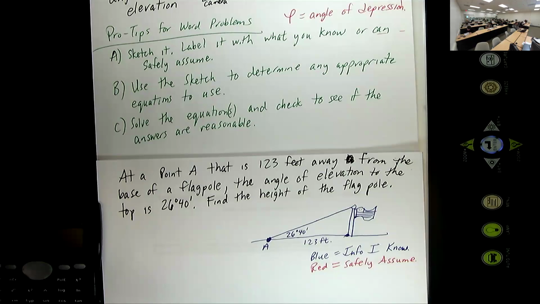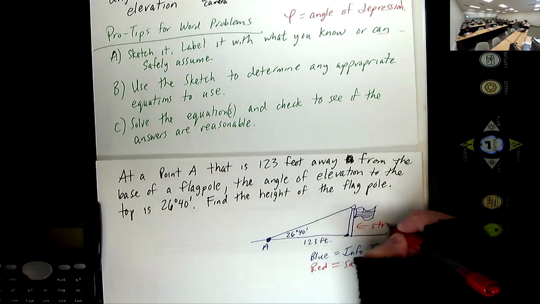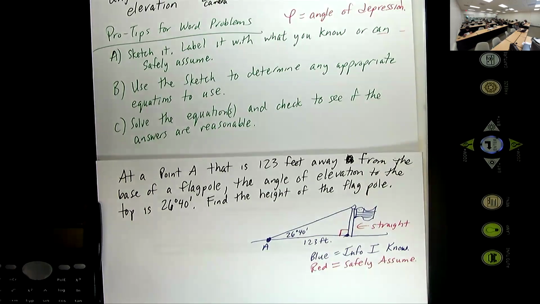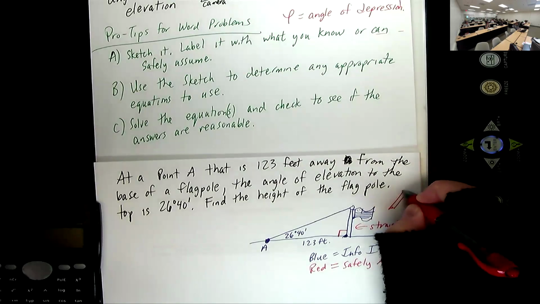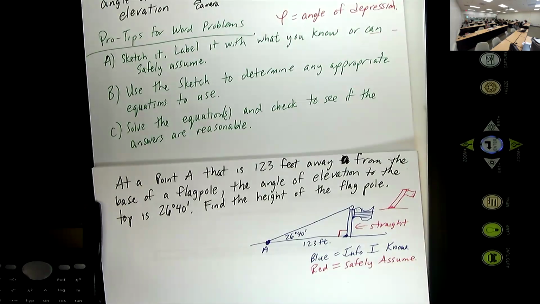Now we know we have a triangle. How often do you see a flagpole that's put in crooked, like the Leaning Tower of Pisa? You ever really see that? No, so I think we can assume this is straight. And I think we can assume that it makes a right angle with the ground. It's always vertical, right? I think those are safe assumptions.